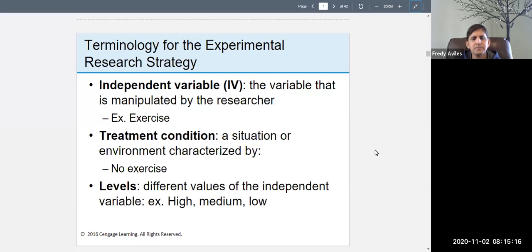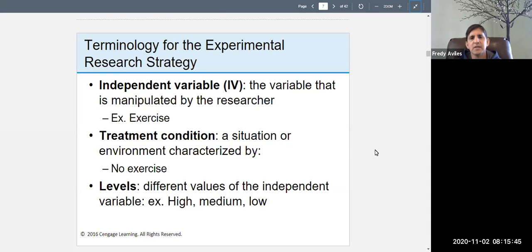The independent variable is like the exercise, let's say, that you vary. The treatment condition would be a situation of the independent variable, like no exercise, for instance. So if your independent variable is exercise, you can create a treatment condition called no exercise, and then you could create another one that is exercise. So a treatment condition is basically a situation that has to do with the independent variable.